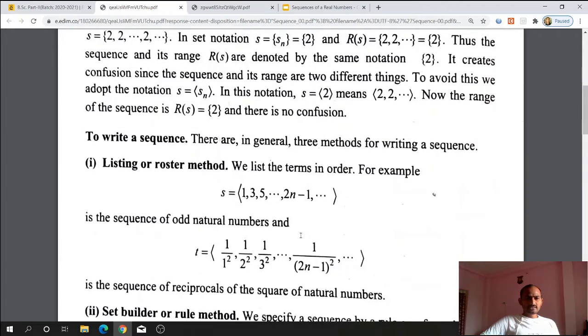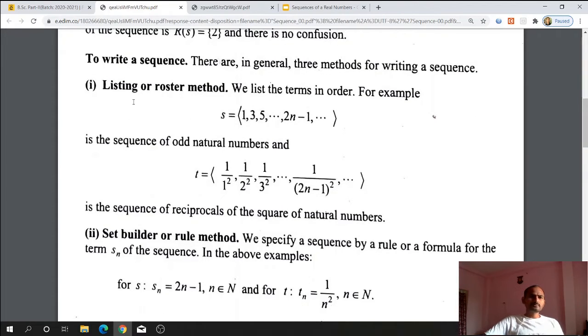So let's see some methods to write a sequence. There are three types of methods. The first method is the listing method or roster method. We list the terms of the sequence in an orderly manner.